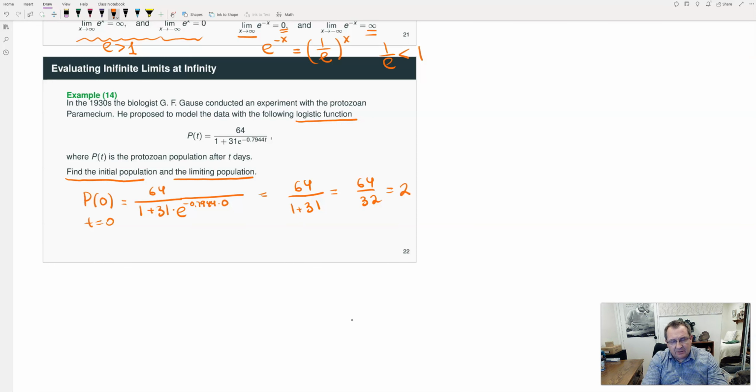Very well. What is the limiting size of the population? The limiting size means that we monitor this population for a long time. So we are looking at values as time increases indefinitely.